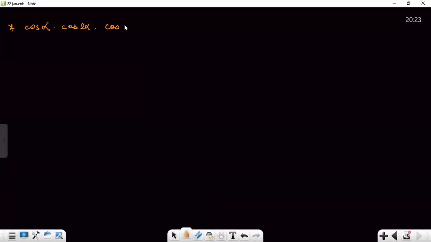Cosine of 2 into 2 becomes 2 squared alpha. Similarly, the nth term will be cosine of 2 raised to the power n minus 1 into alpha. That is the nth term. And its answer will be sine of 2 raised to the power n times alpha, divided by 2 raised to the power n times sine of alpha. Let me write it properly.